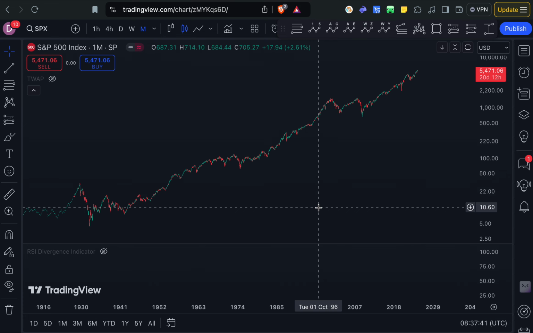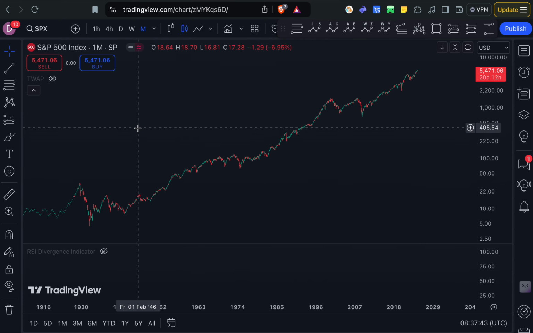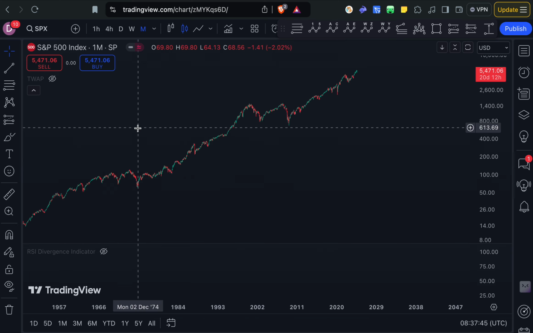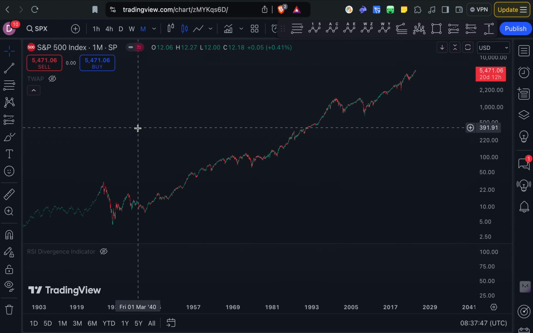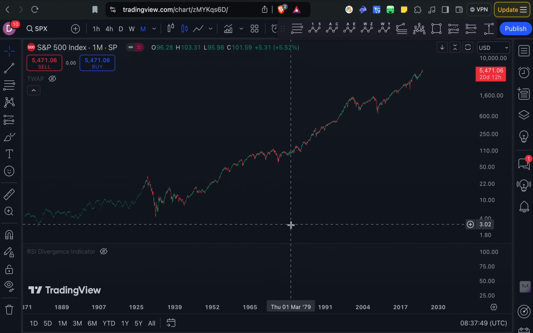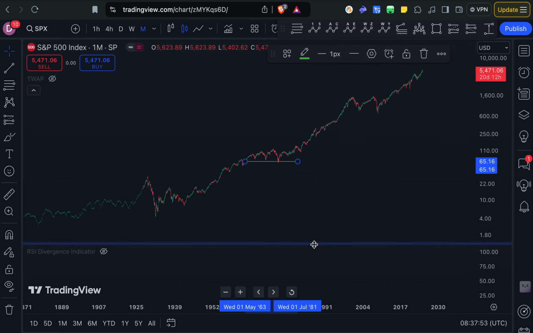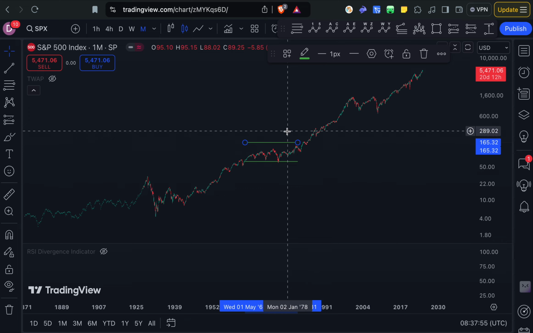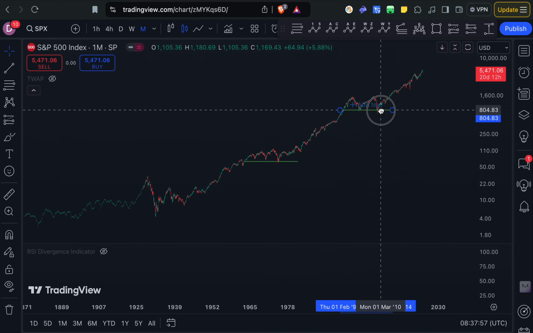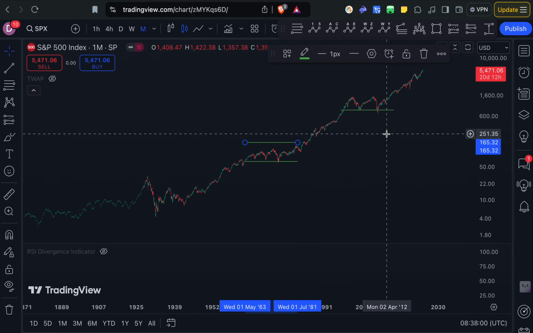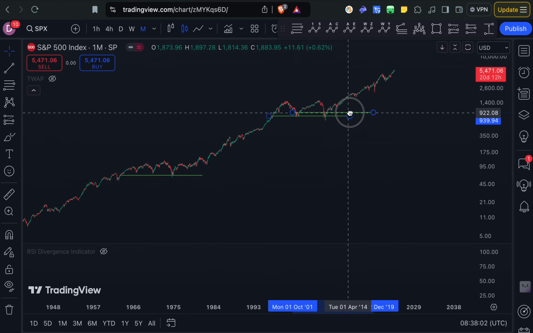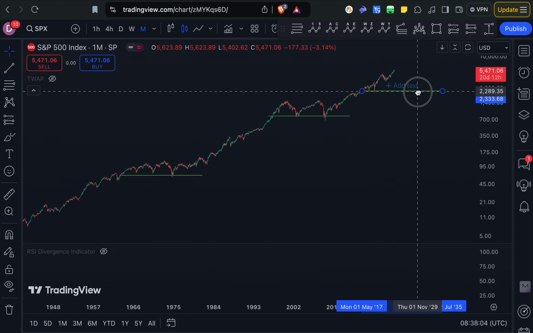So what would I do first here? First, I would find repeatable patterns. So from here, what I'm currently seeing is I'm seeing a few horizontal lines. Let me know if you can spot them as well. Even here, just a short one.